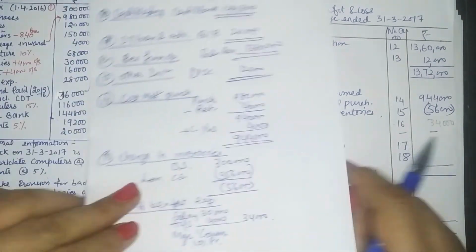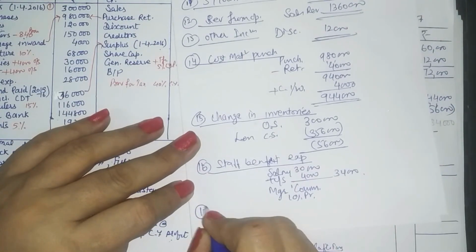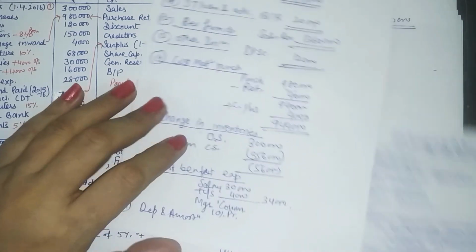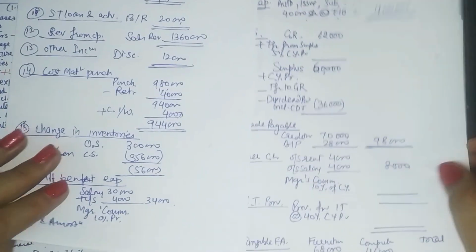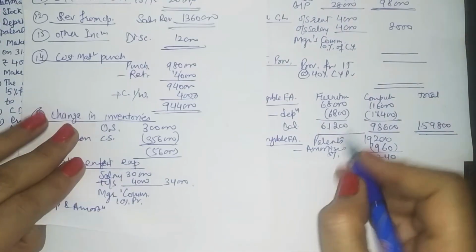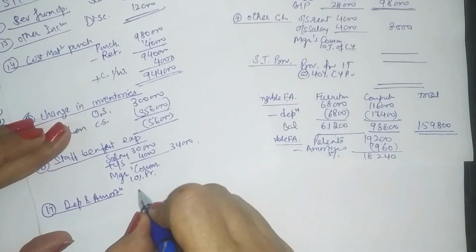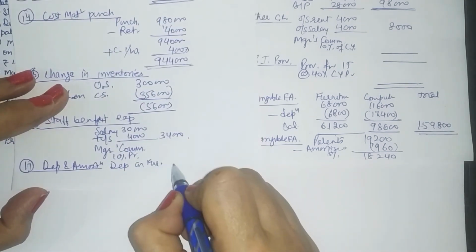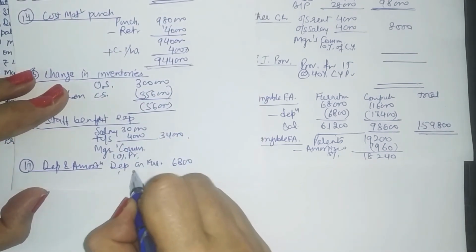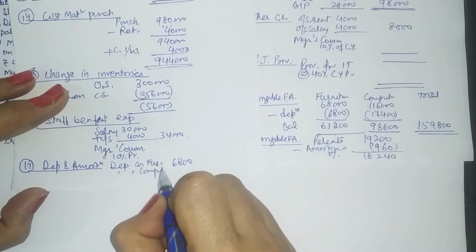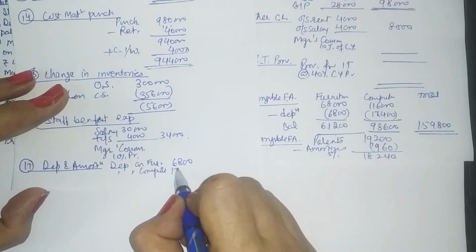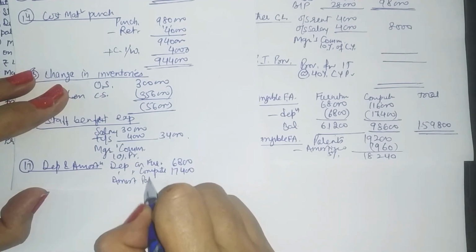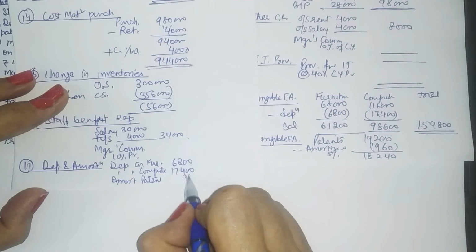Then depreciation and amortization. If you look at your question, you had provided for depreciation on furniture 6,800, depreciation on computers 17,400, and amortization of patents 960.